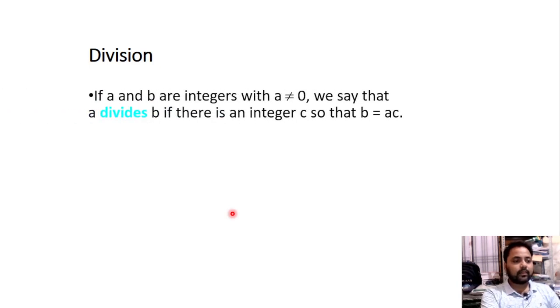From the very basic, if a and b are integers with a not equal to 0, we say that a divides b if there is an integer c so that b equals ac. This is the principle of division.